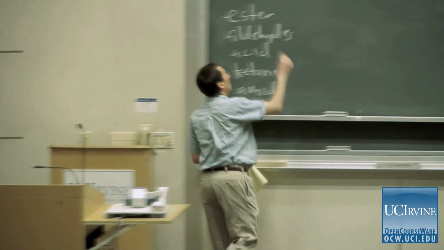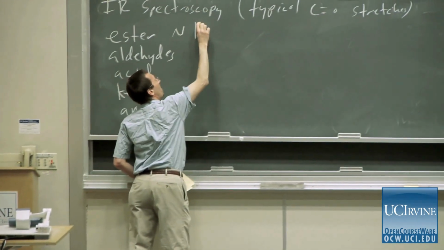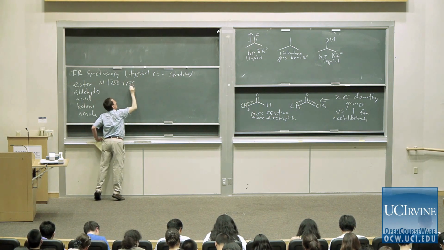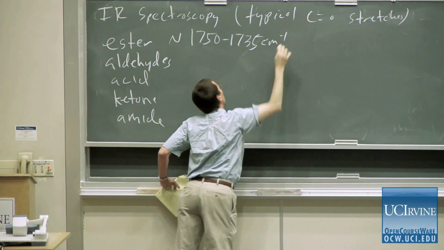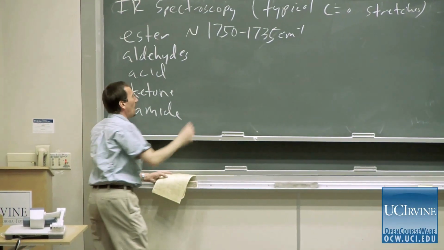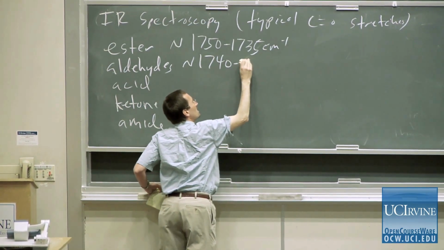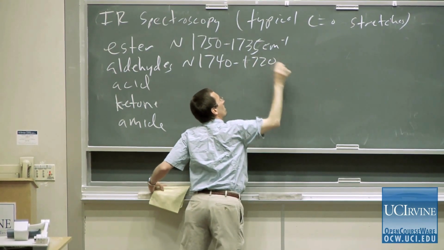Esters, a typical aliphatic ester is about 1750 to 1735 wave numbers. A typical aldehyde is about 1740 to 1720 wave numbers.